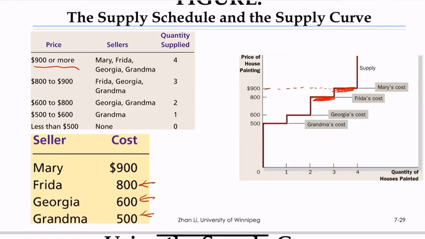I should not use willingness to pay because this is a supply curve. Now you can see that the 800 gives you Frida's cost of production. And 600, this is Georgia's cost of production. And 500, this is Grandma's cost of production. So to put it simply, the supply curve tells you the seller's cost of production.